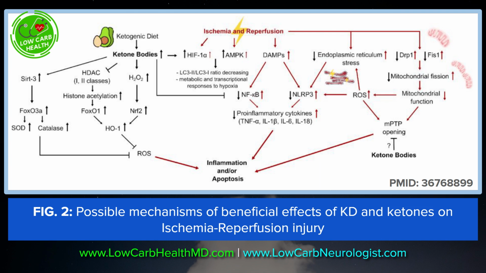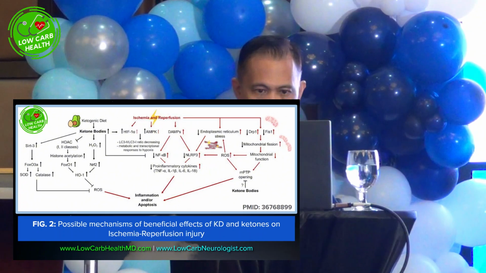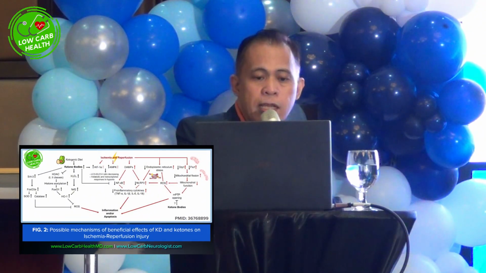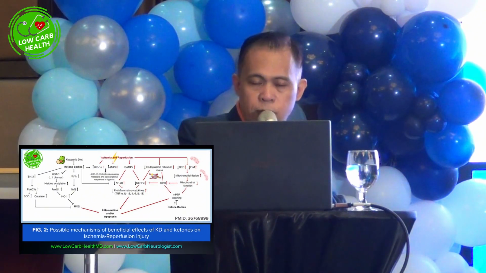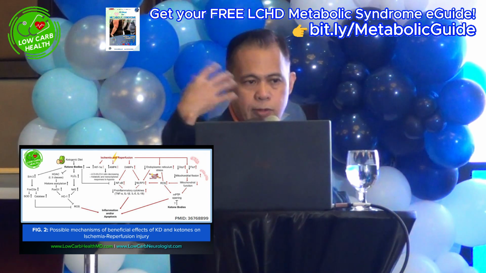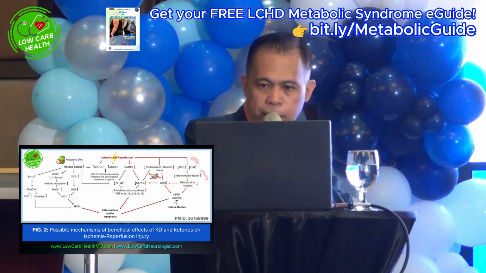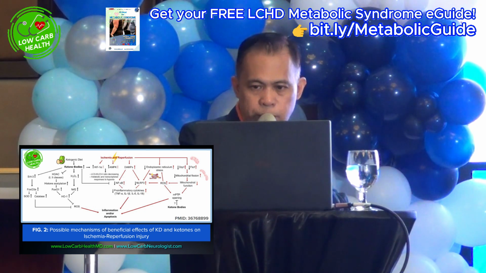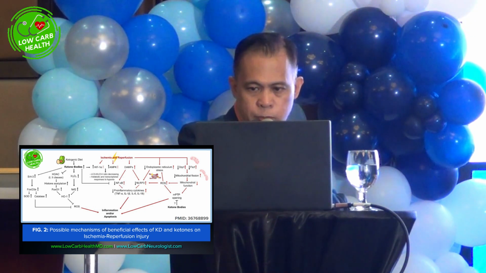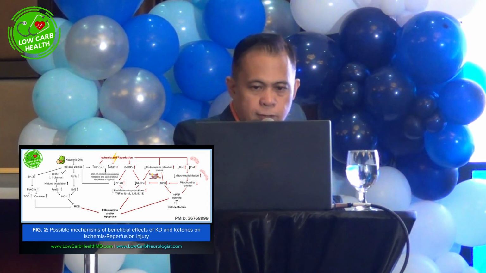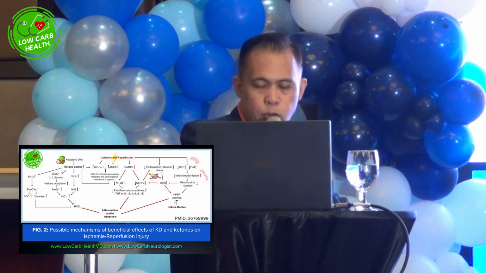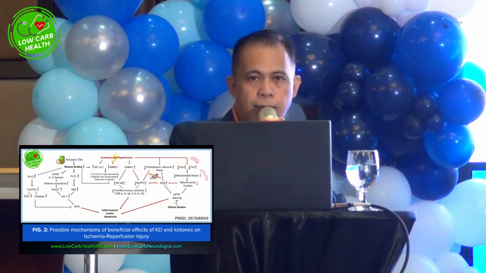What is the role of the ketogenic diet and the subsequent production of ketone bodies? It inhibits reactive oxygen species and free radicals, and it also inhibits part of this ischemia and reperfusion signal transduction pathway, so that inflammation and cell death or apoptosis is significantly avoided.